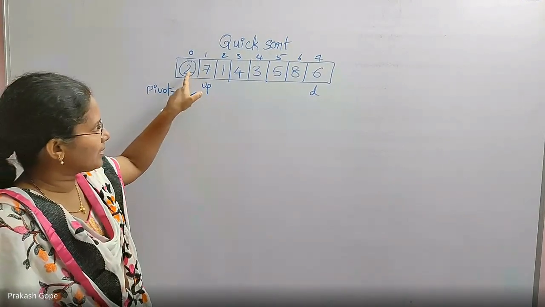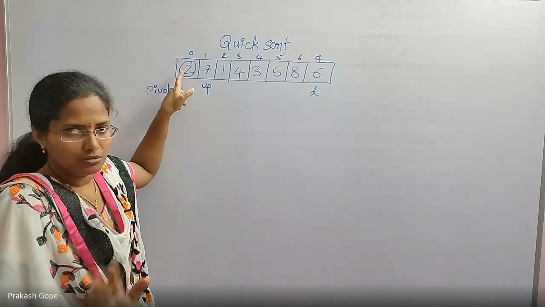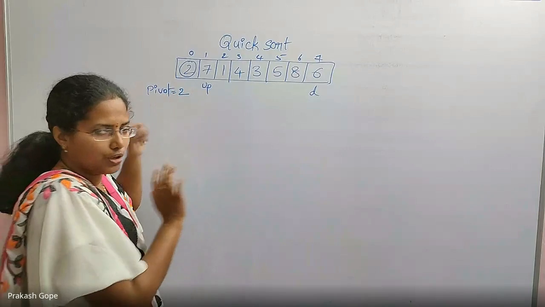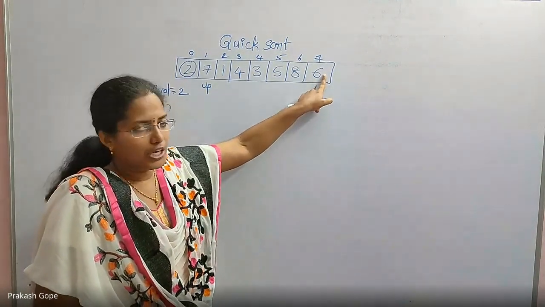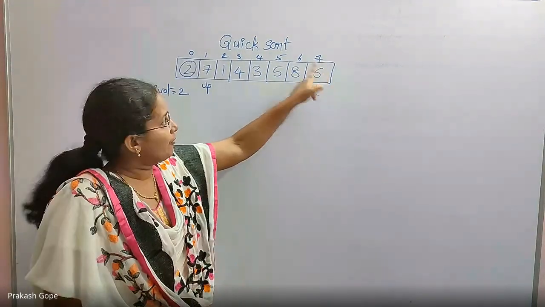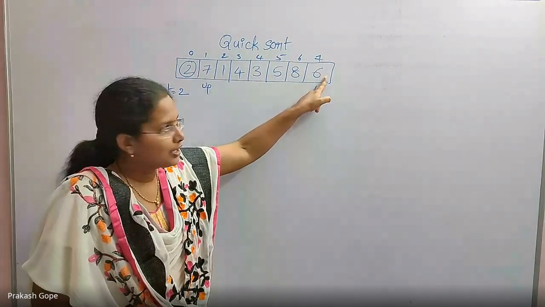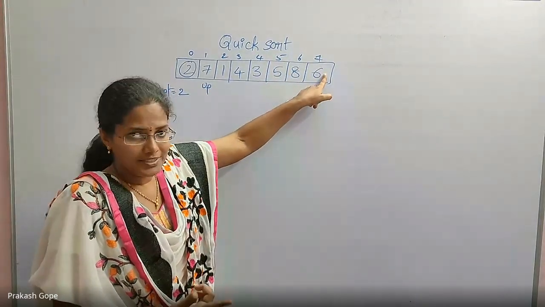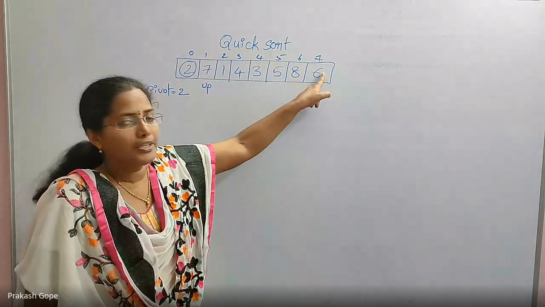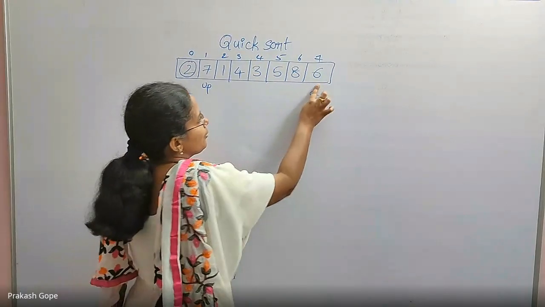But is A of up less than or equal to pivot now? It is not. Okay, then you stop. Then similarly come to down. A of down: if it is greater than pivot, down should be reduced. A of down is 6. That is greater than the pivot element. Yes, then down should be reduced.